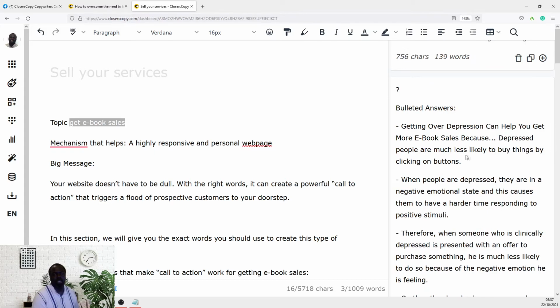Depressed people are much less likely to buy things by clicking on buttons, right? When people are depressed, they are negative, emotional, and they have a harder time responding to stimuli.